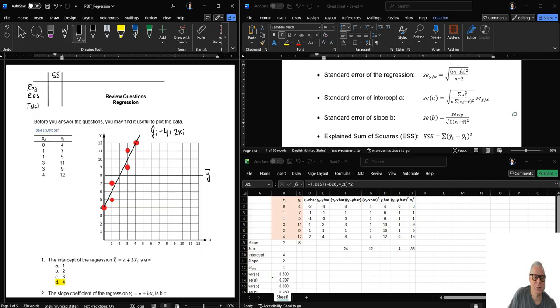So that is a 4 unit deviation from the mean. So the explained sum of squares, and again the formula is the mean minus the predicted, squared. So the first term is 4 squared, which is 16.